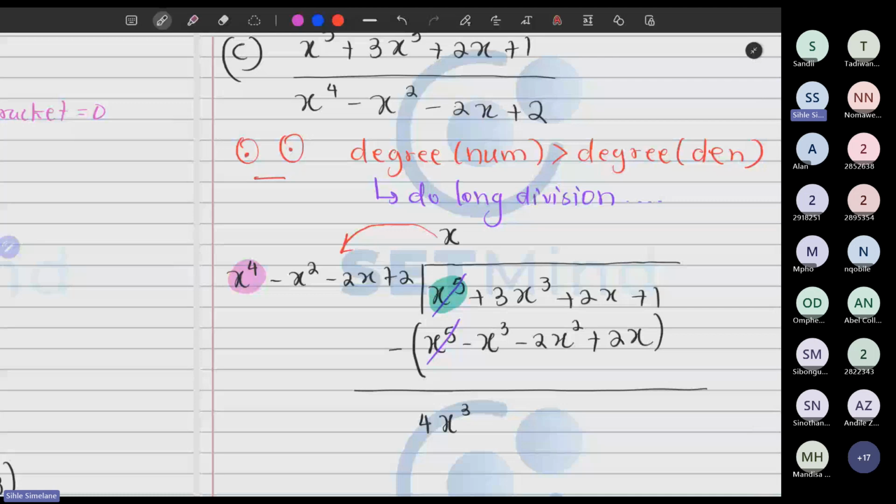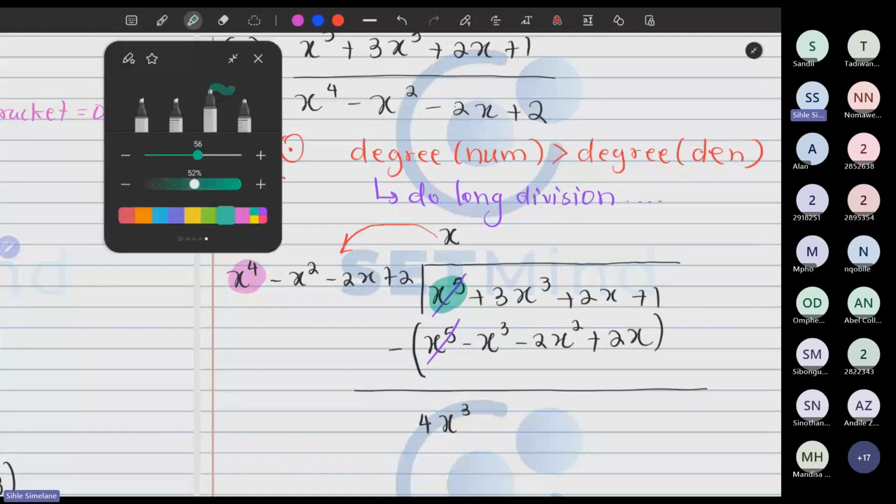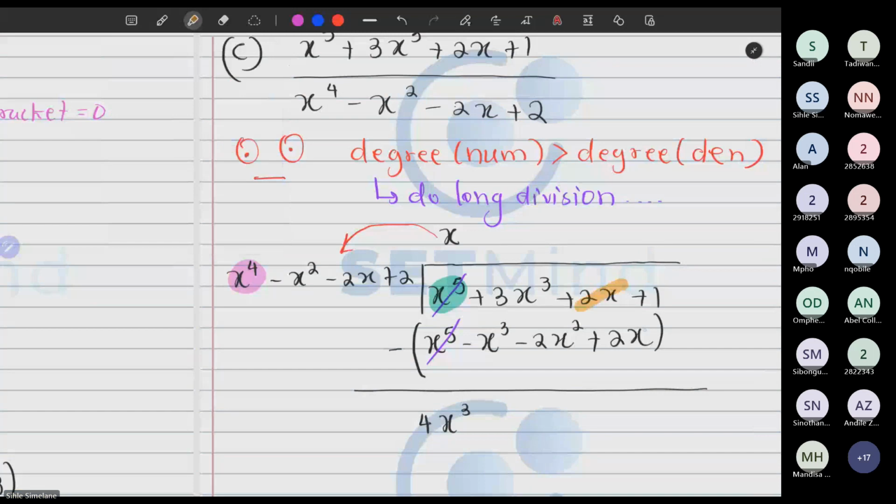And then we will have a 2x, look carefully, you'll have that 2x minusing the other 2x, which will give us 0. So this 2x here, it will minus that 2x, which will give us a 0. So what we now have is the other one, which will be positive 2x squared, and then plus 1. This is what we have.